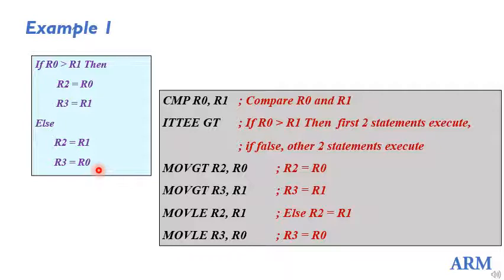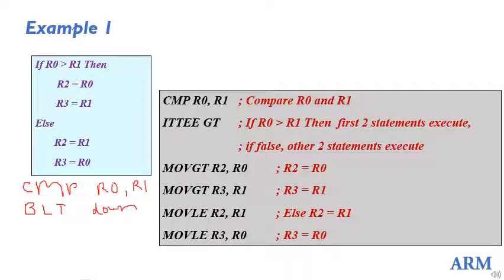Just to translate this into assembly code, if I had to use the branching instruction, then I would compare R0 and R1, say CMP R0, R1, and then I would branch. Branch if less than means it will be the else block.